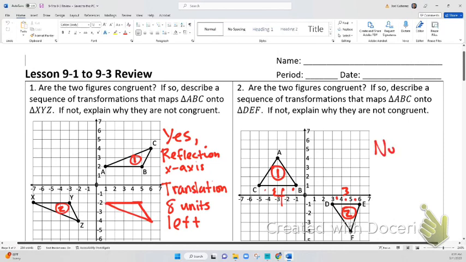So we're just going to put not congruent because of its size. Boom. Done deal. And again, use patty paper, because if you don't believe me, just put patty paper and you'll notice that they don't match up.